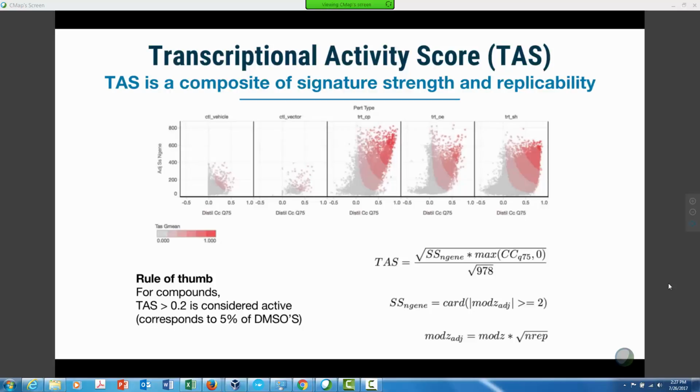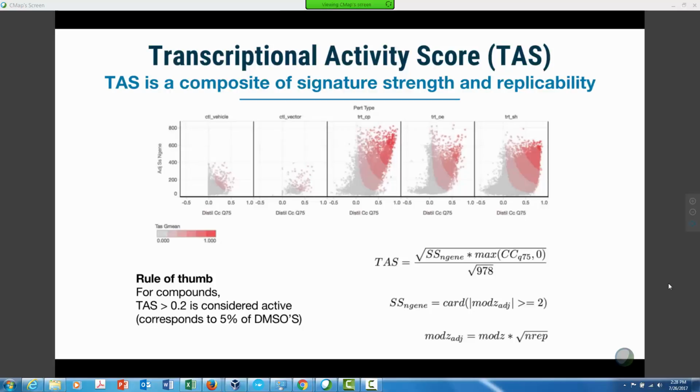You can see, for context, the typical TAS values we get for our different reagents. In the middle are compounds, to the right of it are overexpression signatures, and to the right of that are shRNA signatures. You can see that the shRNA signatures are really reproducible and strong. A lot of that is because of their off-target effects.